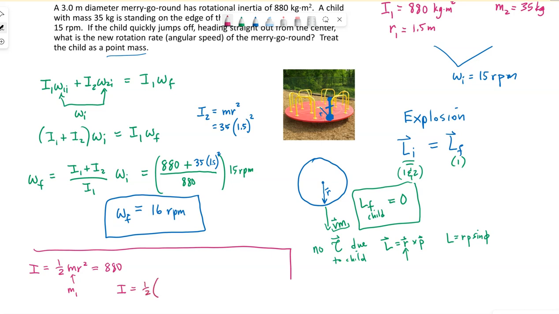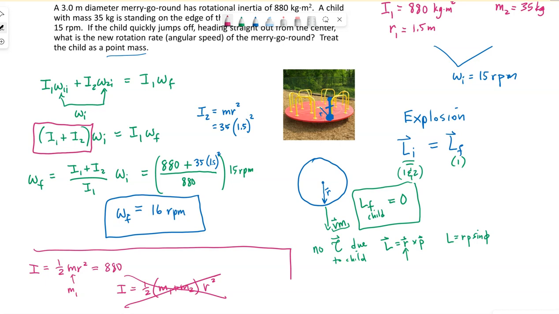But then they come back and say 1/2 M1 plus M2 R squared to be the total moment of inertia of the child and the merry-go-round together. This is not valid. This would imply the child is uniformly distributed over the entire surface of the merry-go-round, which is kind of silly. We cannot add the masses together unless the mass is distributed the same way for both objects.